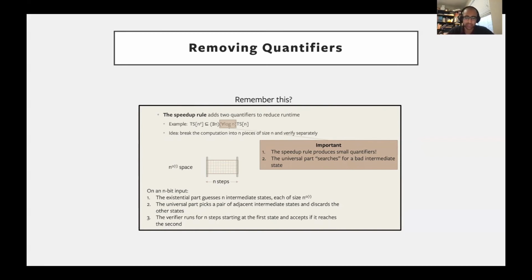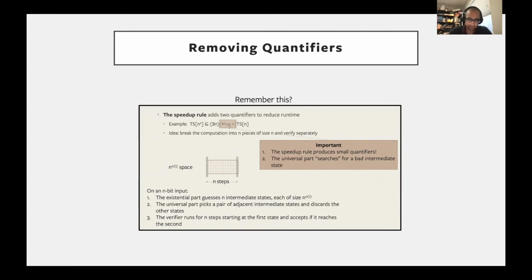And the second is that the universal part is essentially acting as a search for a bad intermediate state. It's essentially because the existential part is guessing intermediate states, and then the universal part is checking to see if there's an adjacent pair of bad intermediate states, which is inconsistent, where I can't run computation from one state and reach the other in the specified amount of time.